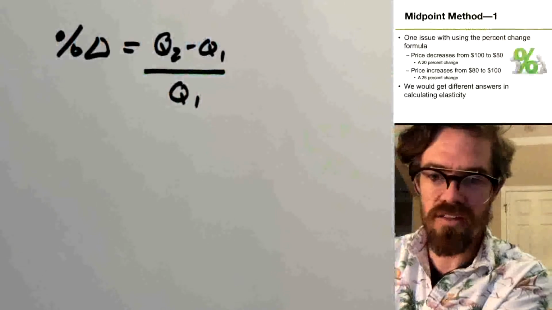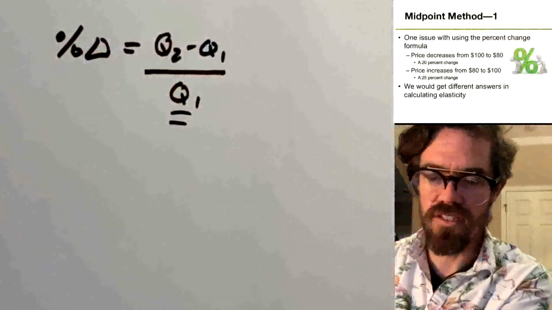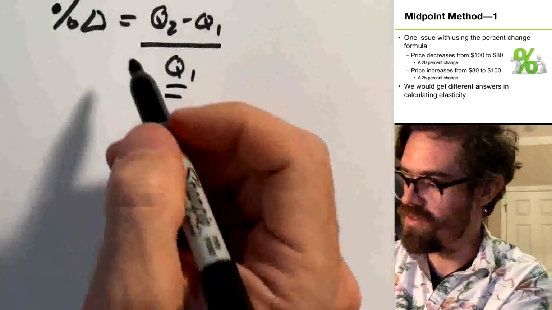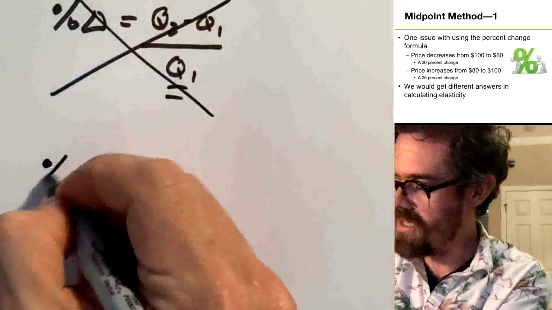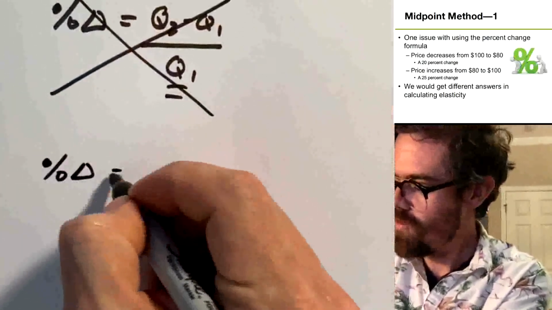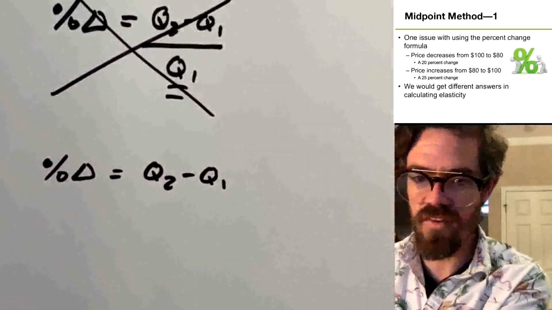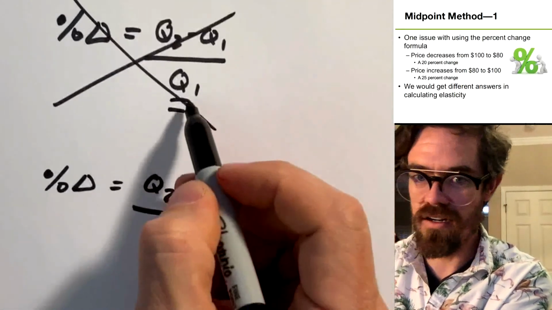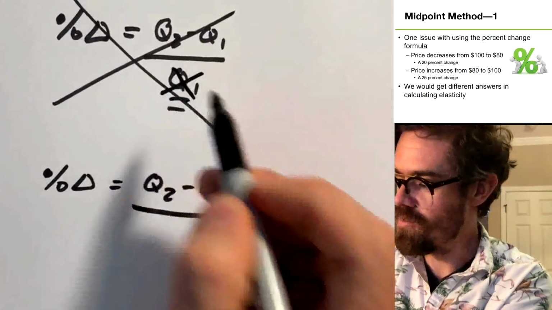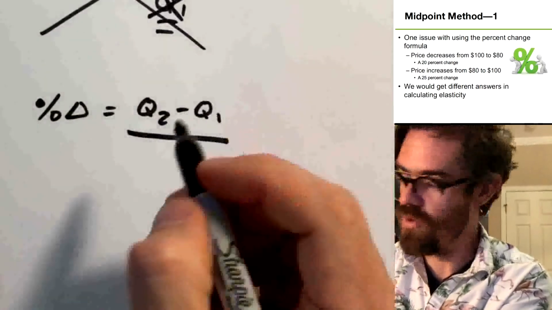So basically, rather than using the initial value here as our point of reference, we're going to be using the average. Okay, so we don't want to use this method here for our percent change calculations. We want to use the midpoint method. So we still do the same thing on the top there. We find the absolute difference, but rather than using our initial value as a point of reference, we're going to use the average of the two values as a point of reference, right?